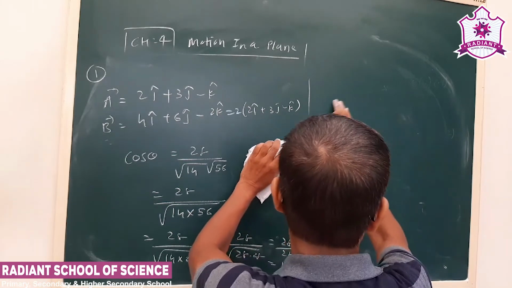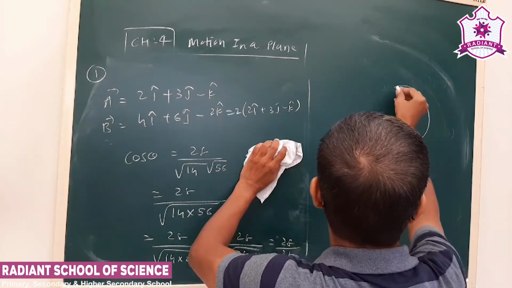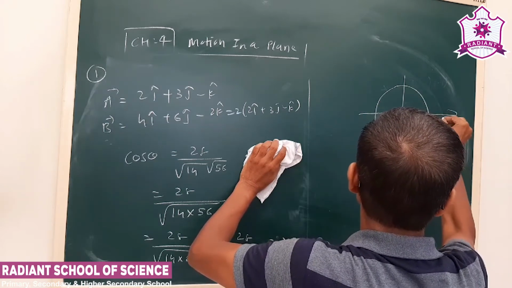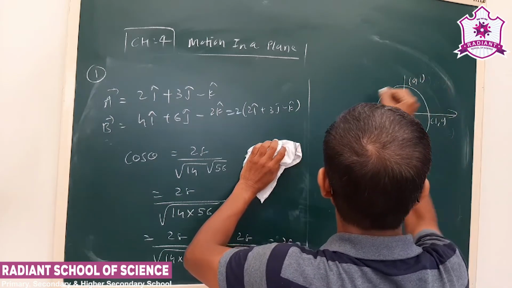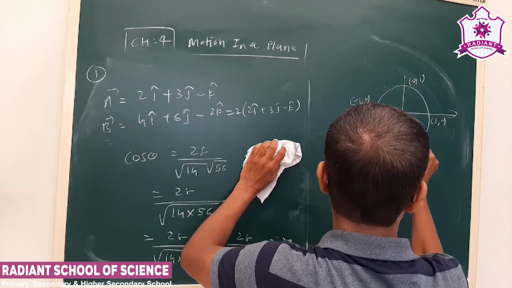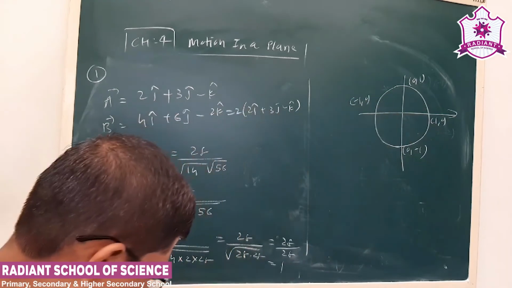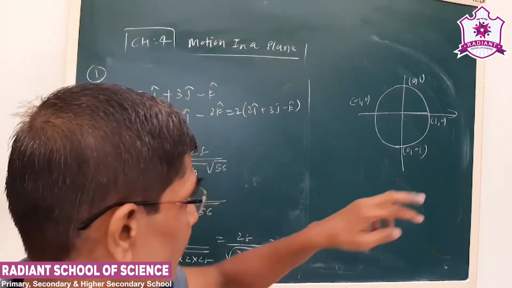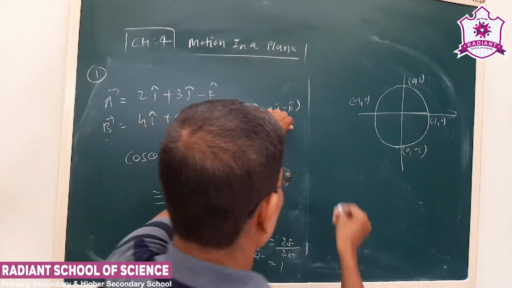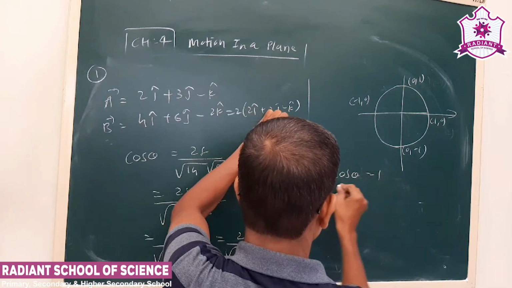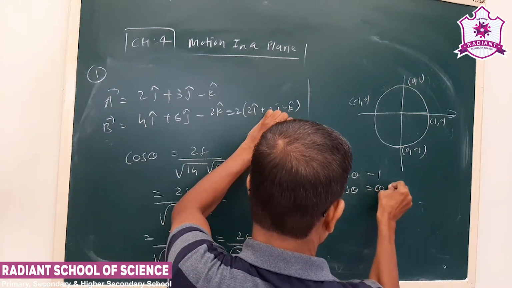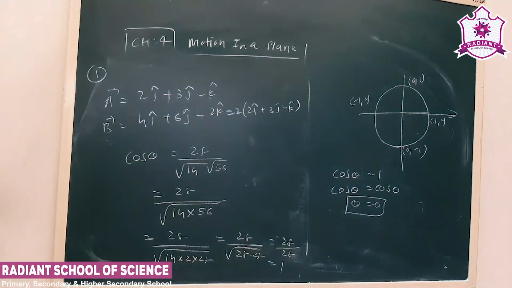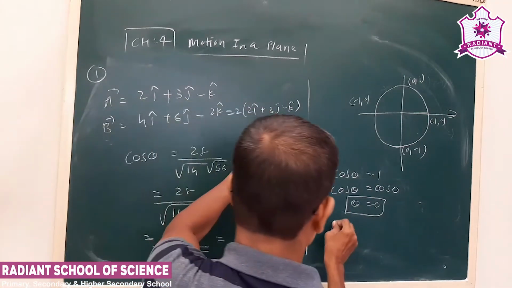Recall our table of trigonometric ratios. This angle is 0, since cos 0 is 1. So cos theta is cos 0, theta is 0. Theta is 0 means A and B are parallel.